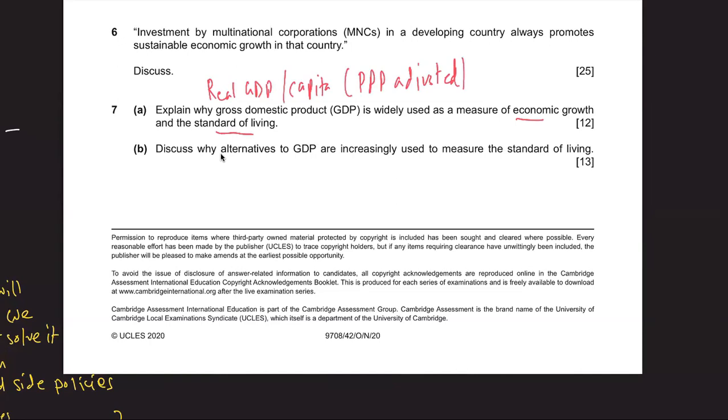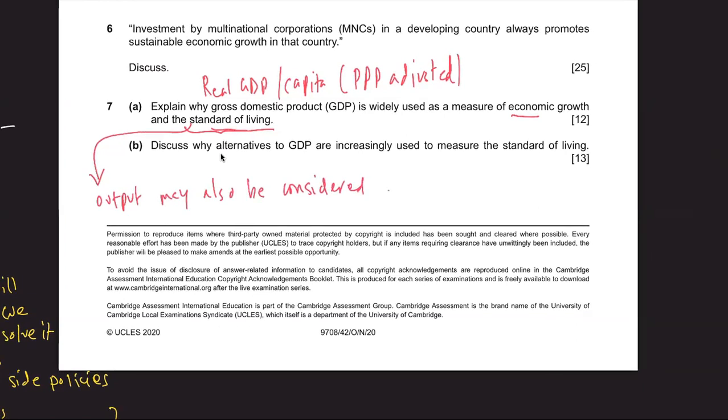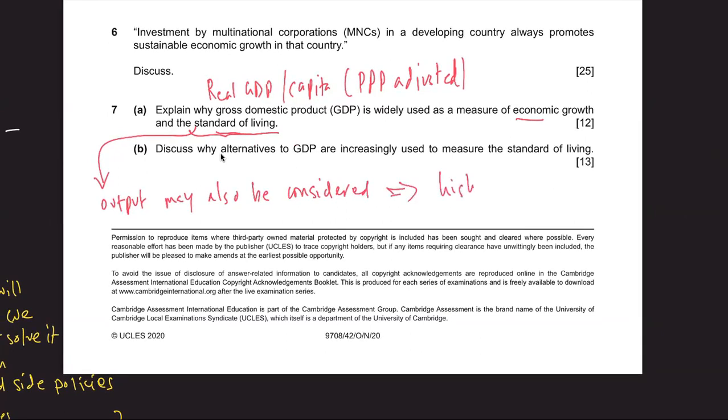And GDP is basically looking at the total output, which can also be a signal of our standard of living, because the standard of living, although it may depend on many other things, output may also be considered. Higher output can lead to higher standard of living.